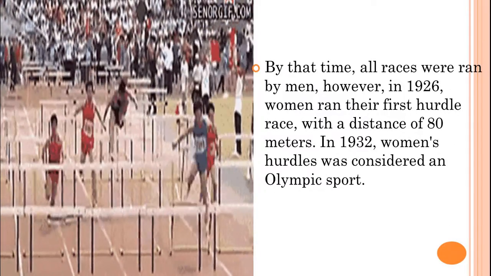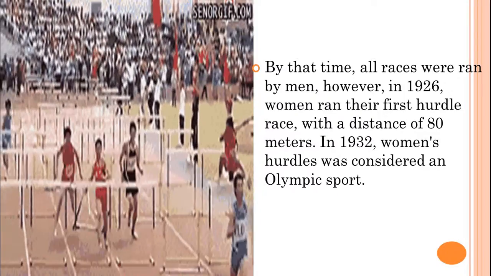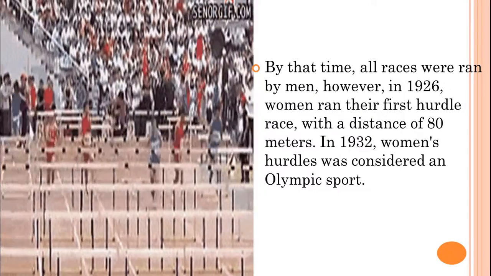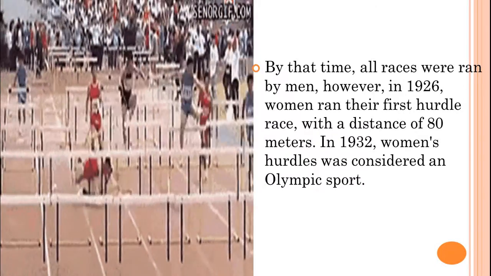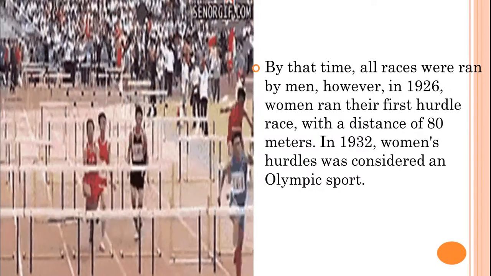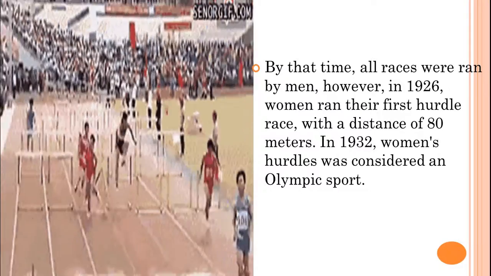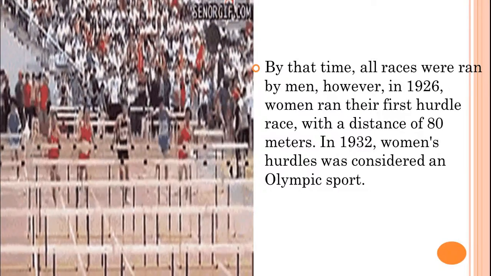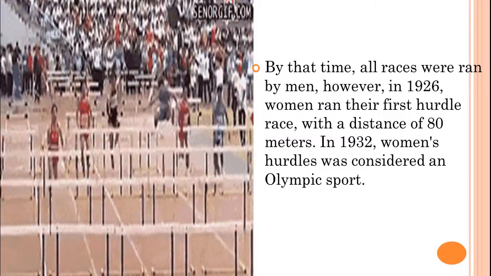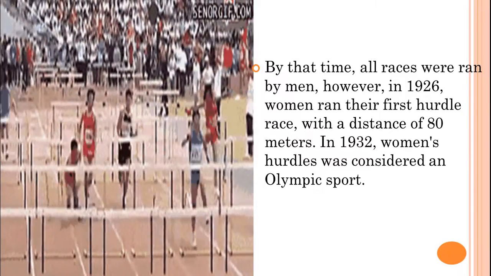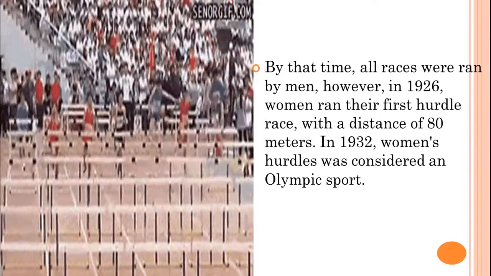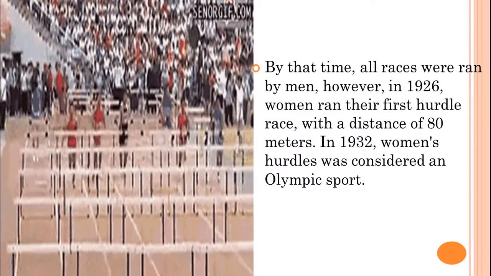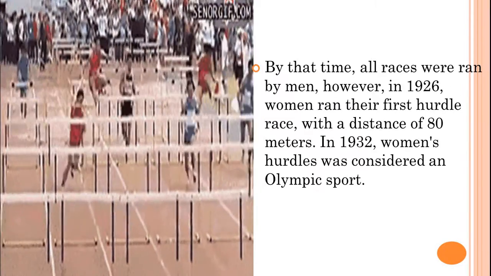By that time, all races were run by men. However, in 1926, women ran their first hurdle race, but it was not comparable to the men's 400-meter hurdle race. The women started with an 80-meter race. In 1932, women's hurdles was considered an Olympic sport.